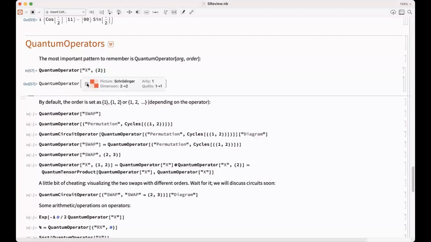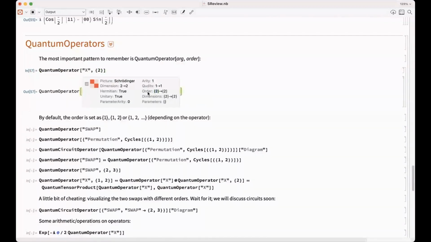Now, this time, Nick is saying explicitly the order is 2, meaning act Pauli X operator on the second quantum system. Because Pauli X acts only on qubits, two-dimensional quantum systems, automatically we understand that this is a 2 by 2 matrix representing that quantum operation.